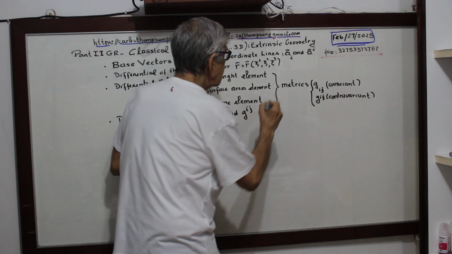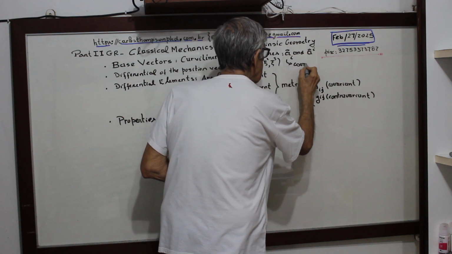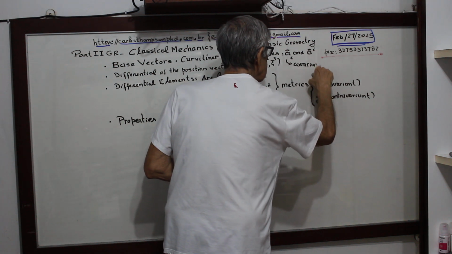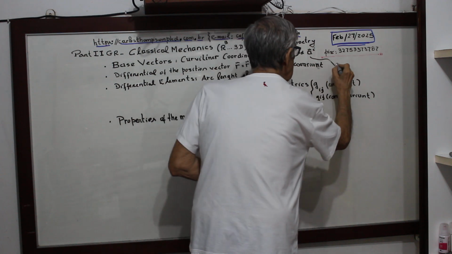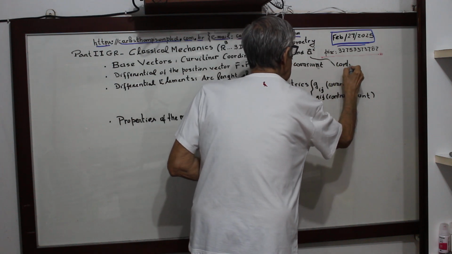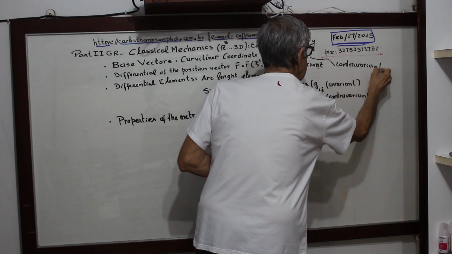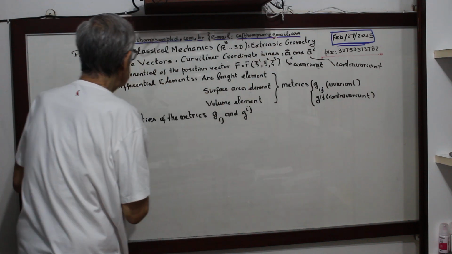This one here we call covariant, and this one is contravariant. Now, you define them.